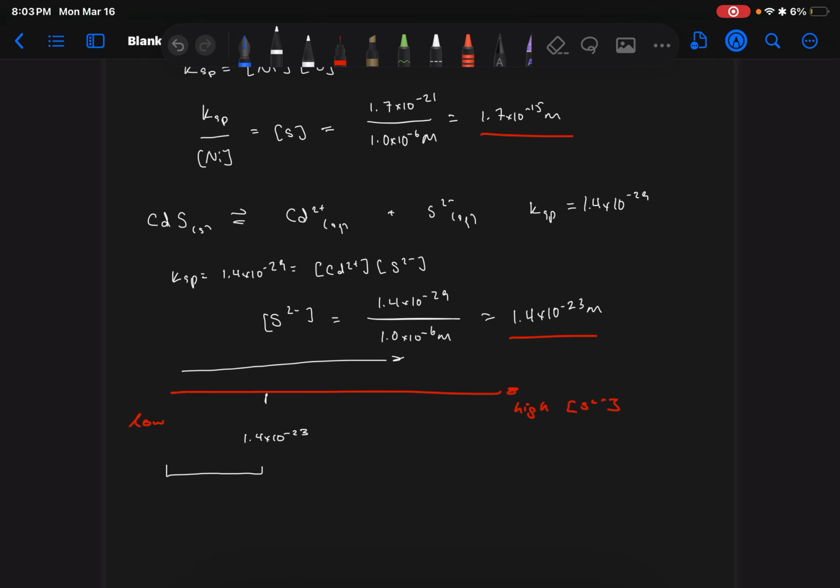So in this area, only cadmium 2+, or only, wait, no, not below. Let me write the other range as well. Okay, so in this range, no precipitate.